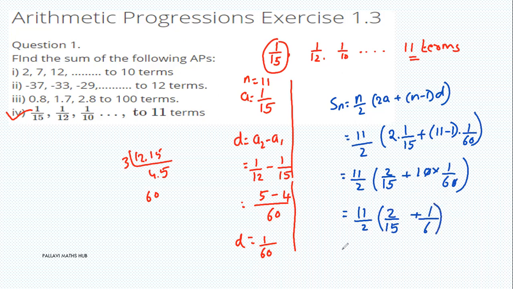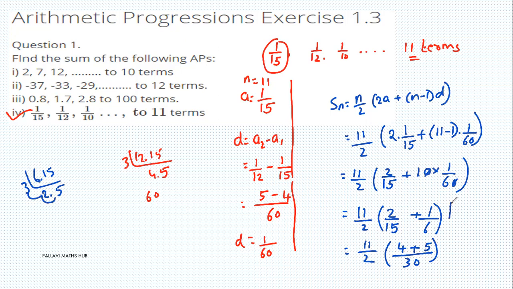Again take the LCM of 6 and 15. 3 2s are 6, 6 5s are 30. The LCM is 30. 15 2s are 30, so 2 2s are 4 plus 6 5s are 30, 1 5 is 5.